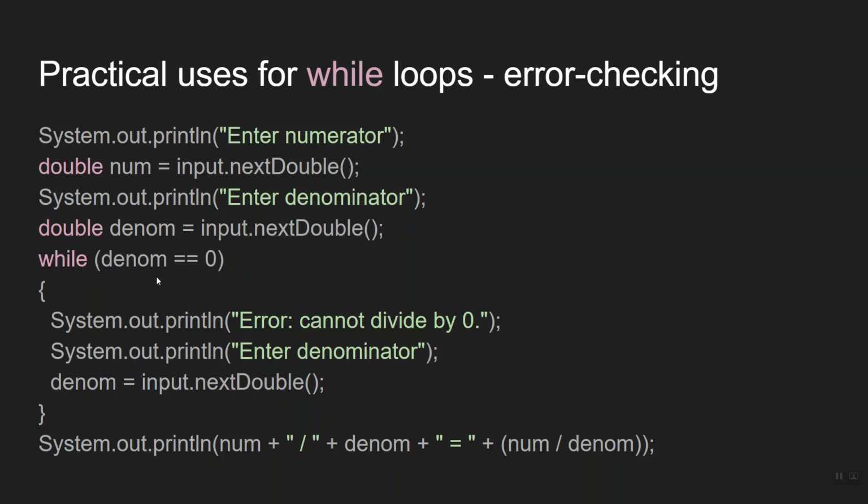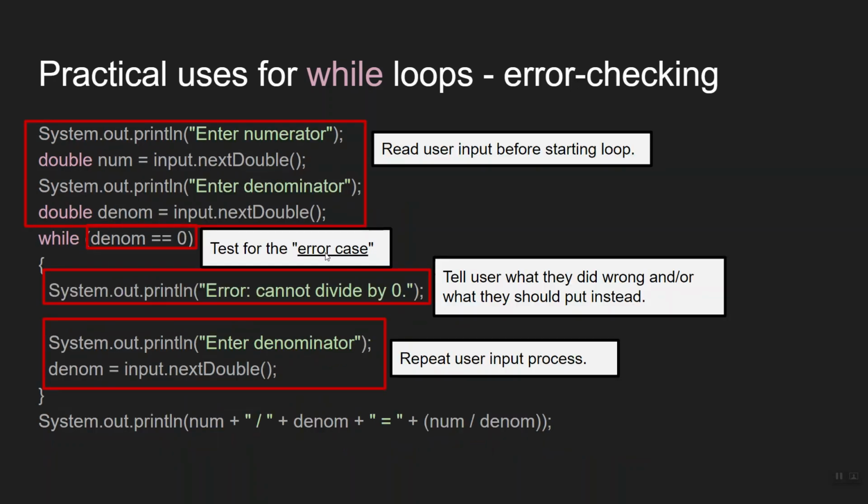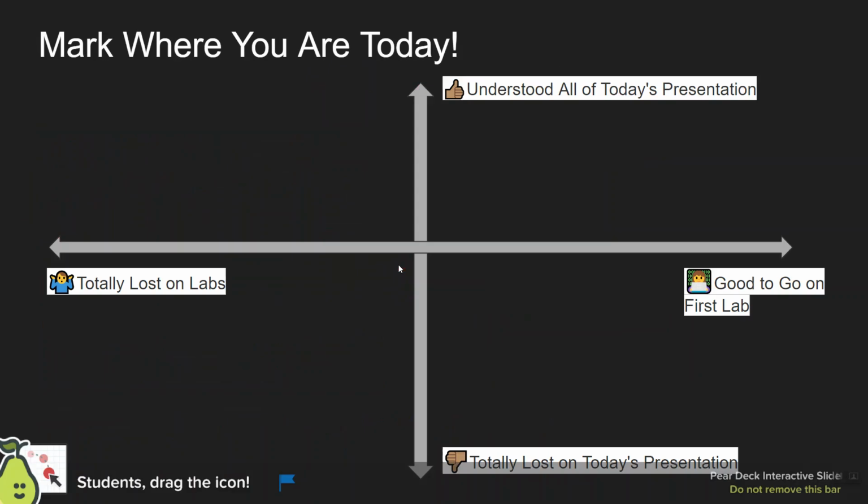If not, it's going to prompt them a third time. And it's going to keep prompting them until they give me a number that's not equal to 0, in which case it will then move forward in the program and allow them to do the division that they wanted to do. And there's a little bit of breakdown for you on how that is structured.